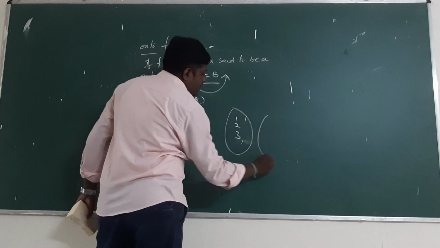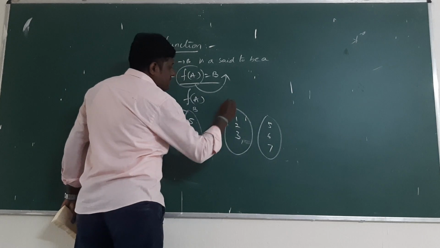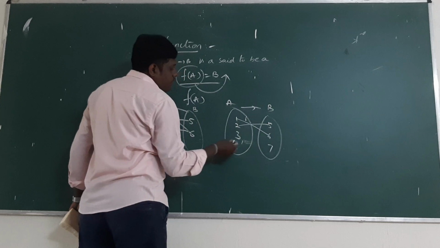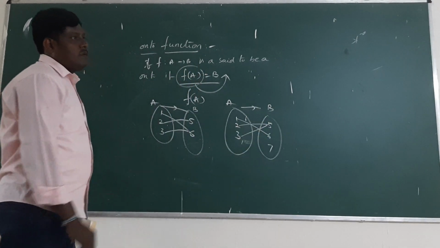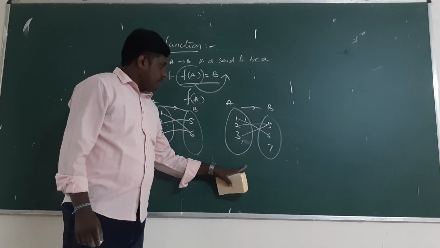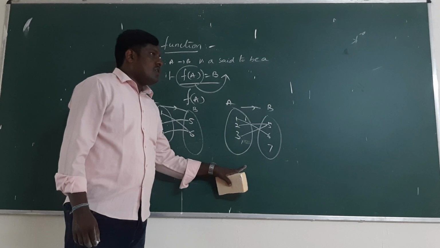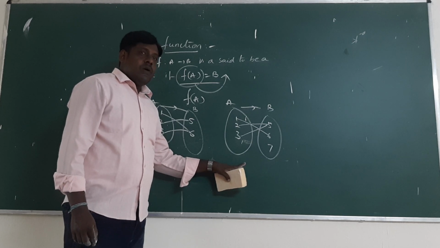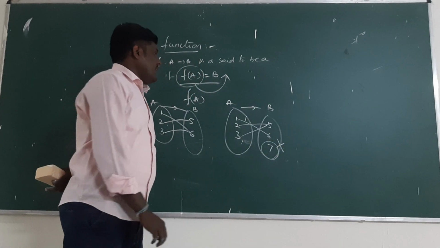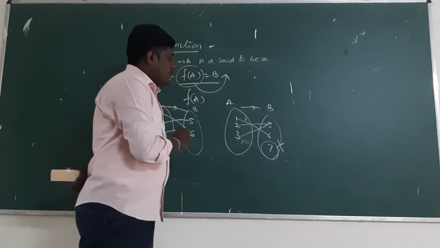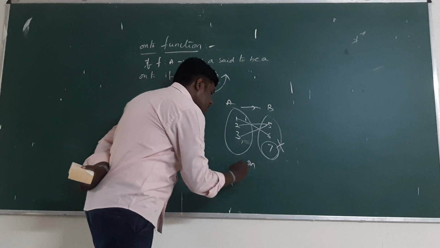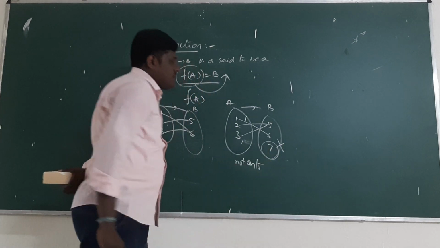1, 2, 3 and 5, 6, 7. Set A and set B. 1 is mapping with 6, 2 is mapping with 5, 3 is mapping with 5. Is it onto function or not? No, it is not an onto function because here in the codomain 7 is not mapping with any element from A. So it is not onto function.